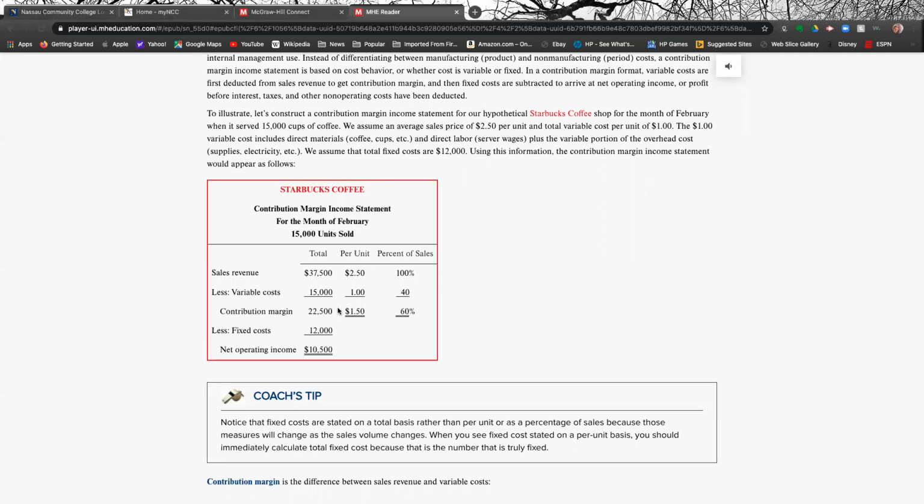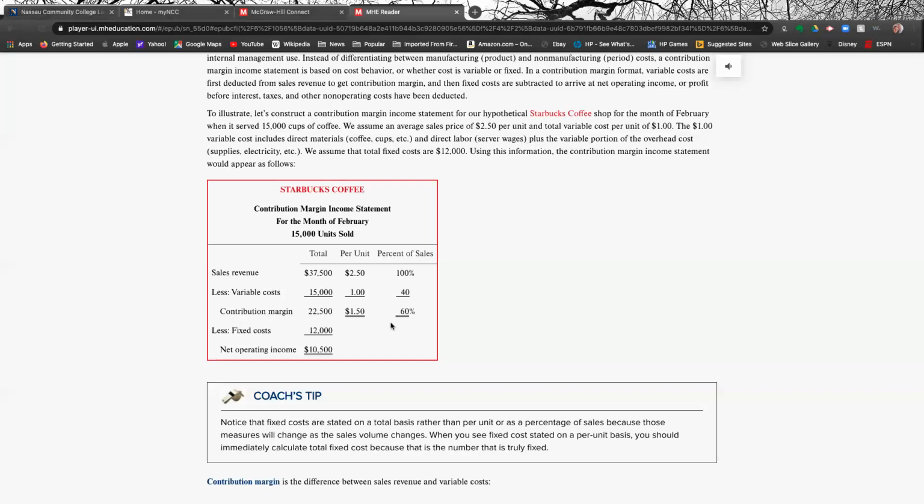Now I can also express that as a percent. In other words, if I take $1.50 and put it over $2.50, that's 60%. So the contribution margin, sometimes we'll see it expressed as a total number like this. Sometimes we'll see it expressed as a per unit number like this. And other times we can see it expressed as a percentage, in this case 60%.